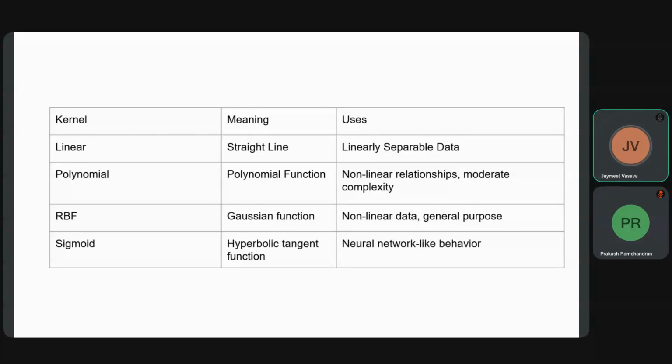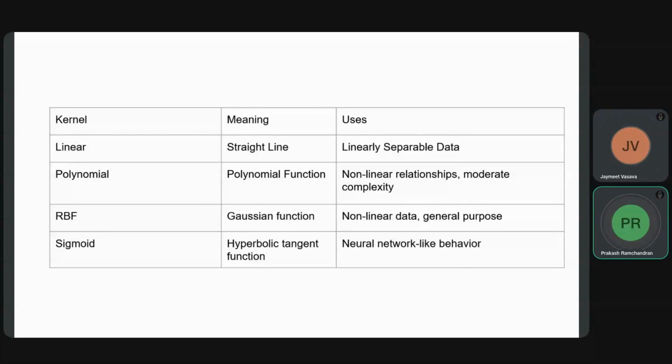For the polynomial function, it works with non-linear relationships and more complexity. Then comes the radial basis function. It is a Gaussian function, for non-linear data, and is used for general purpose because of its ability to work with a variety of data.